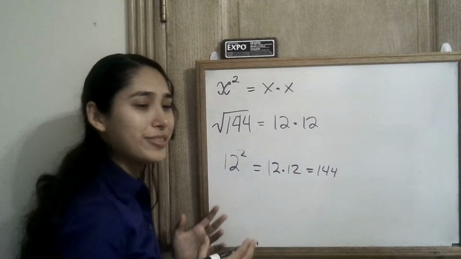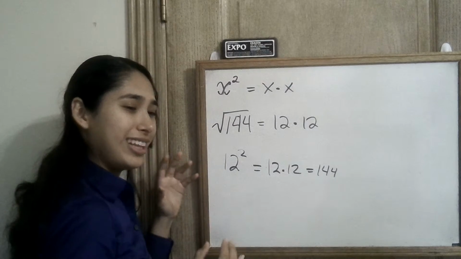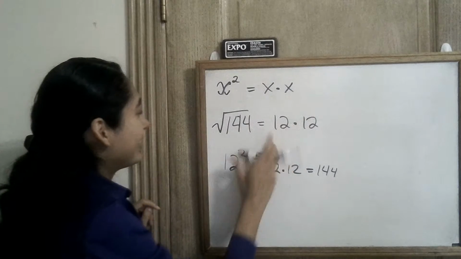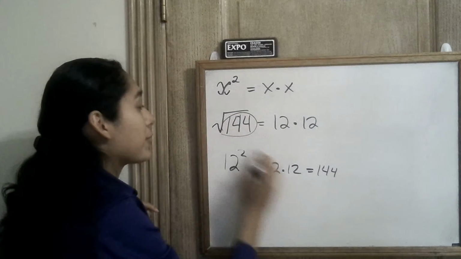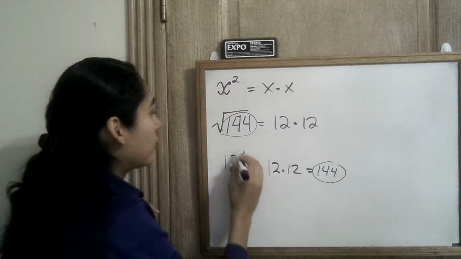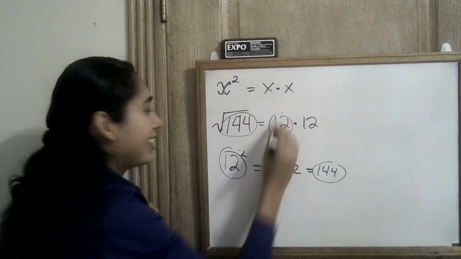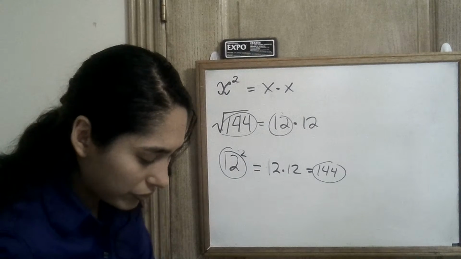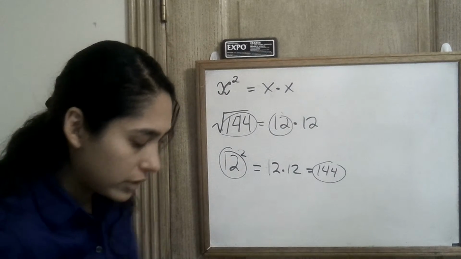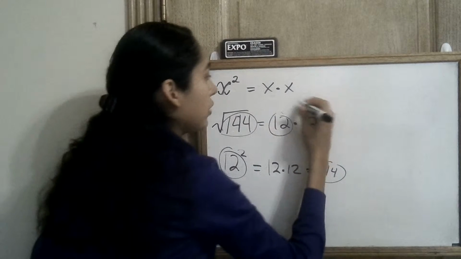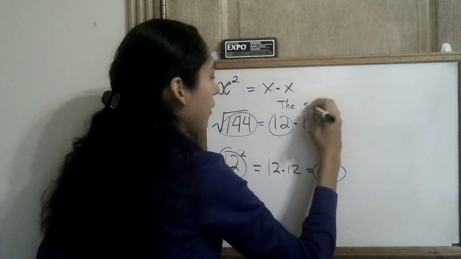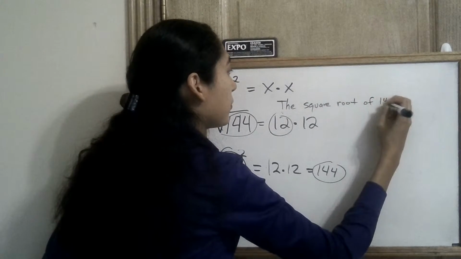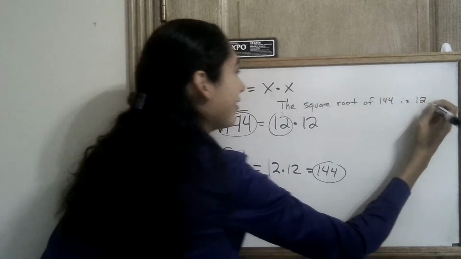So square roots and power of 2, they're like twins, but they're opposites. We have our 144 over here, and we're talking about our 12 right here. That's amazing. So we say right here in words, the square root of 144 is 12.